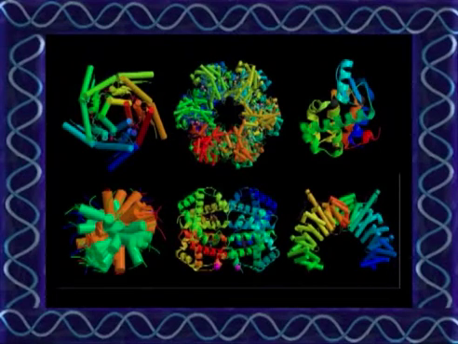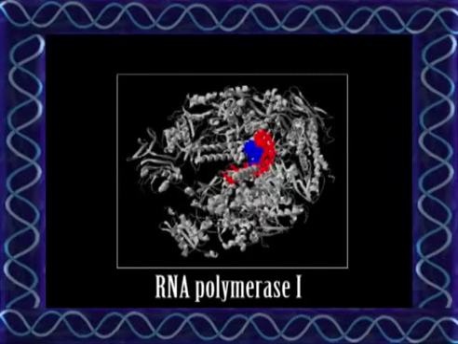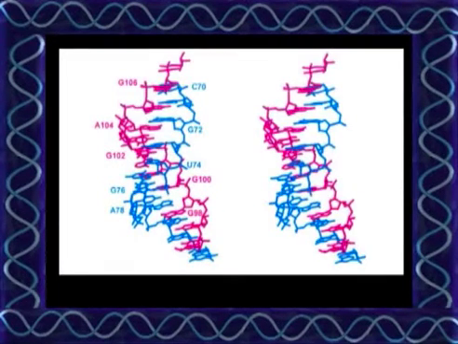Eukaryotic nuclei contain three distinct types of RNA polymerases that differ in the types of RNAs they synthesize. RNA polymerase I, which is located in the nucleoli, synthesizes the precursors of all ribosomal RNAs except 5S rRNA.